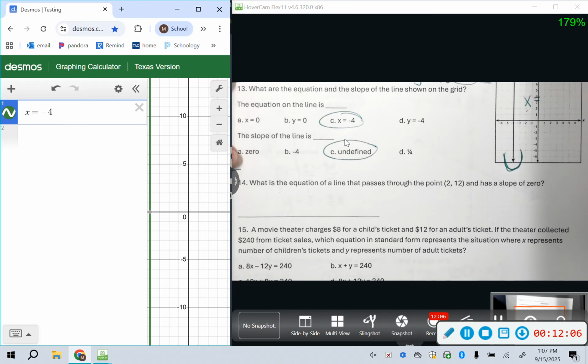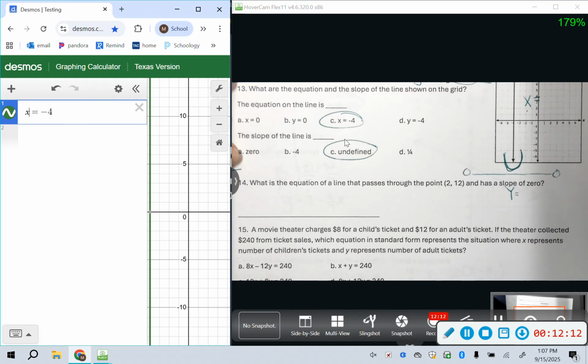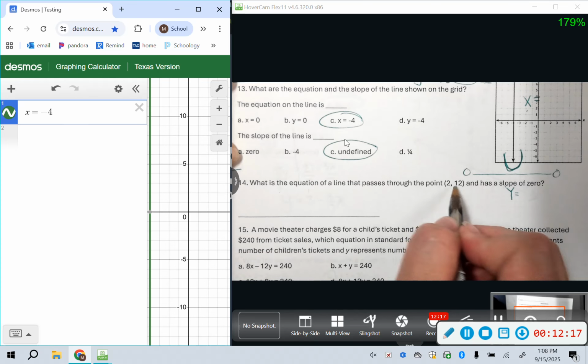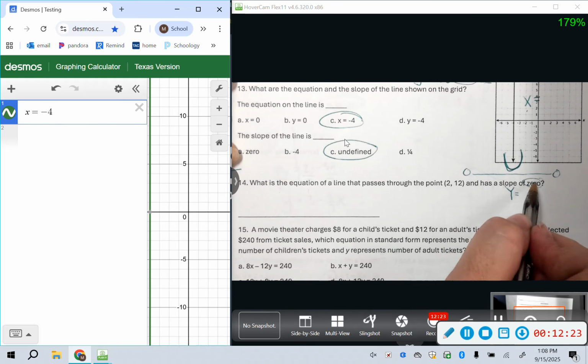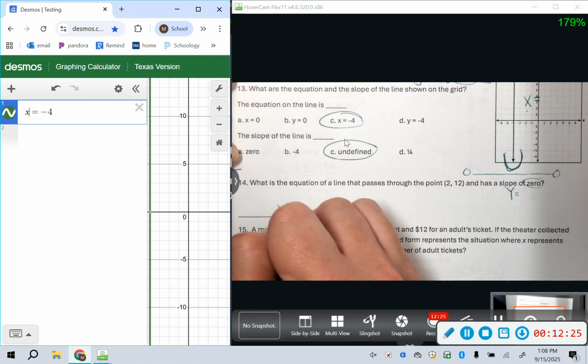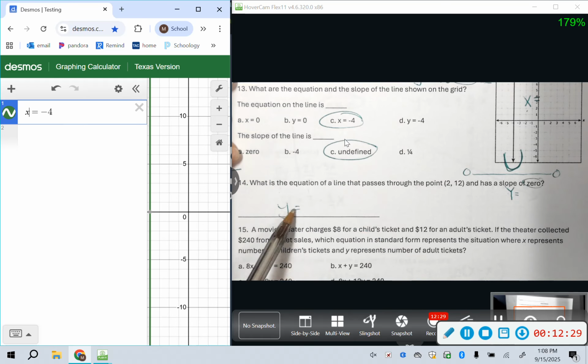Now, on the opposite side of that, remember his mouth is a zero slope with his butt chin being a y. So knowing that, it says, what is the equation of a line that passes through this point and has a slope of 0? Well, the 0 is the horizontal line, so this is a special case. It's a 0 slope, and it's a y equals a number situation. Just like this is x equals no y, this is y equals no x.